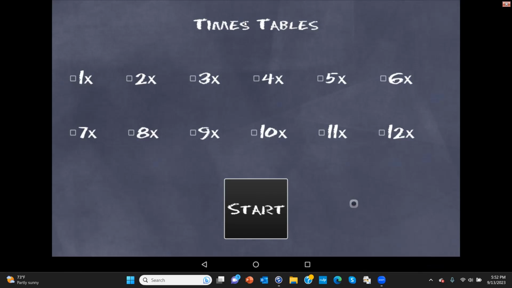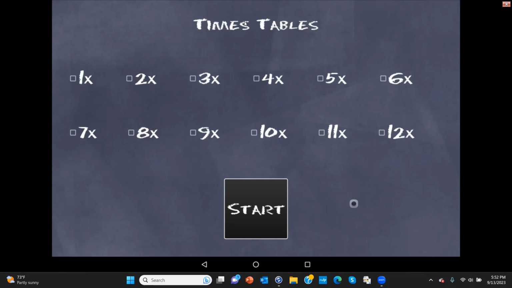Now this here is going to time them. And a lot of teachers use this for competition because they understand once you learn to count, add and subtract, the next crucial thing is your times tables. Once you get the times tables, the rest of the math falls in place.